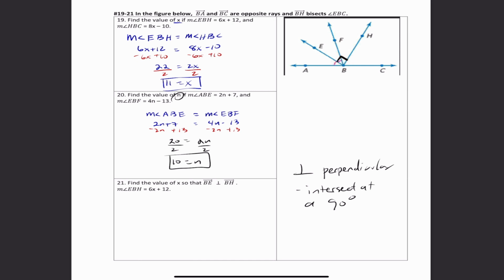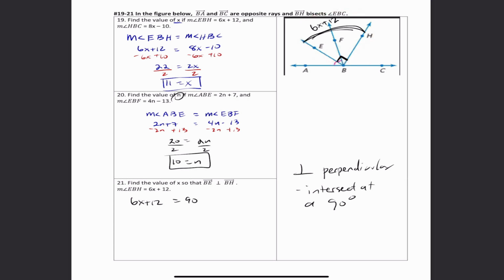So we can say measure angle EBH. Here, look, EBH is this 90 degrees, right? So this thing here is actually 6x plus 12. So then that means 6x plus 12 degrees is 90 degrees based on what I have right here.